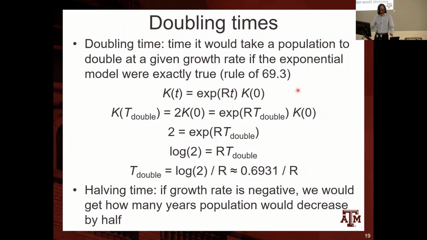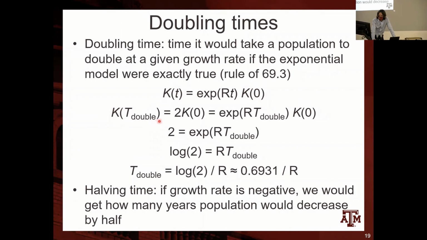So what's the idea? I want to project a population that will double in size, and I want to know how many years it will take to double. This population that is going to double in size is going to be 2 times K0.